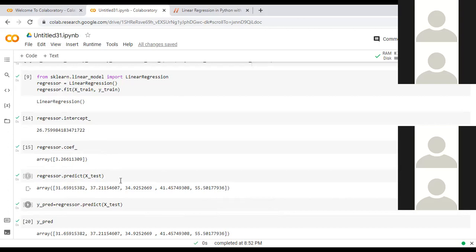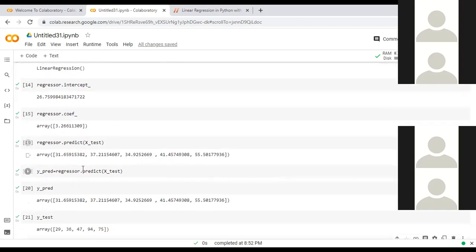Now I am predicting that value. This is y_pred. y_pred is basically the predicted value from the X test, and from there I'm getting the predicted value of the model.